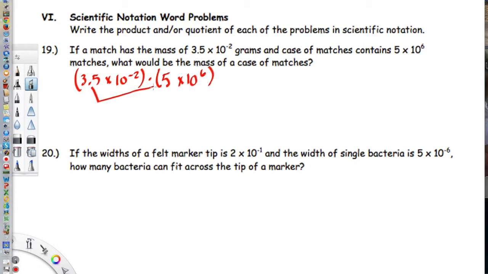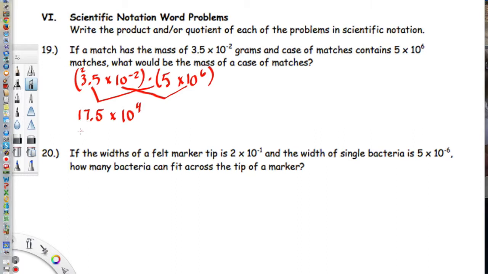We multiply 5 times 3.5. Okay, 5 times 5 is 25. Carry the 2. 5 times 3 is 15 plus 2 is 17. I have 1 decimal place in my problem, so I should have 1 in my product or answer. Then I multiply my base 10 numbers. 10 to the negative 2nd power times 10 to the 6th power is going to be 10 to the 4th power.